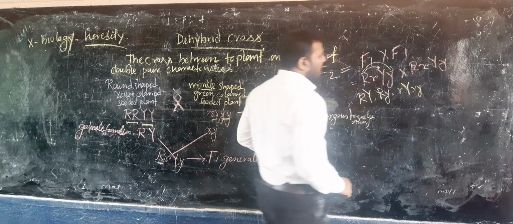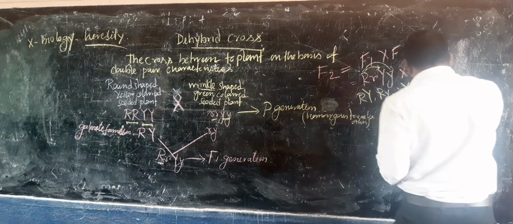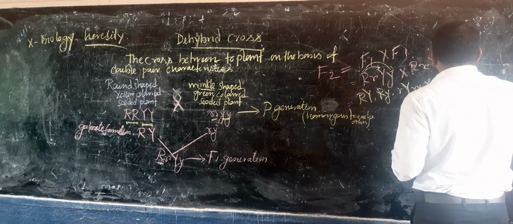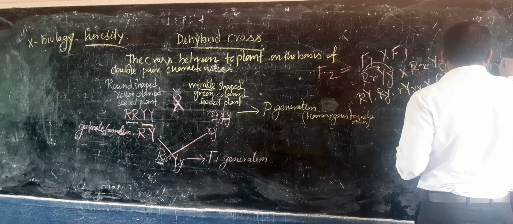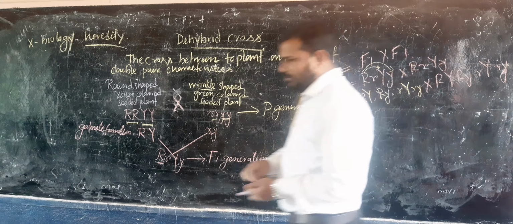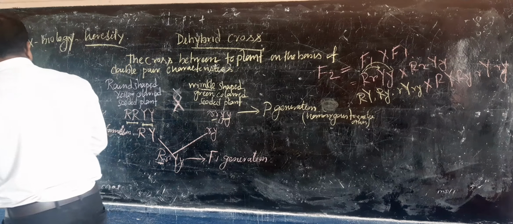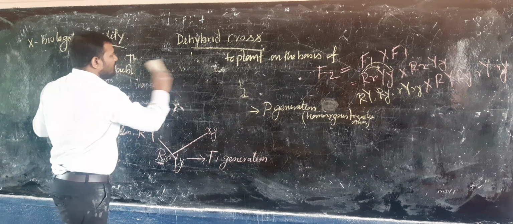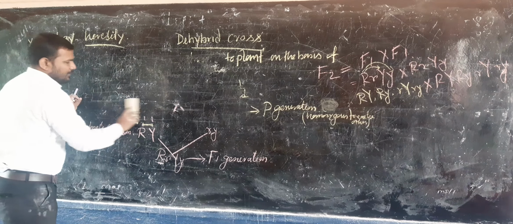And here will be the similar ones: capital R capital Y, capital R small y, small r capital Y, small r small y. Now place them into the checkerboard. Form a checkerboard.